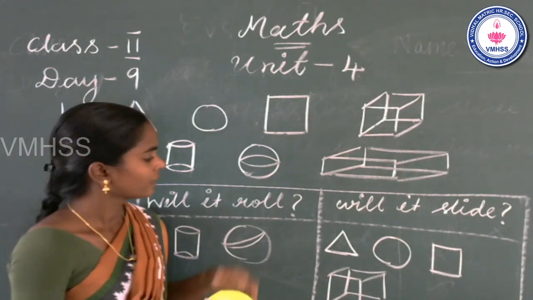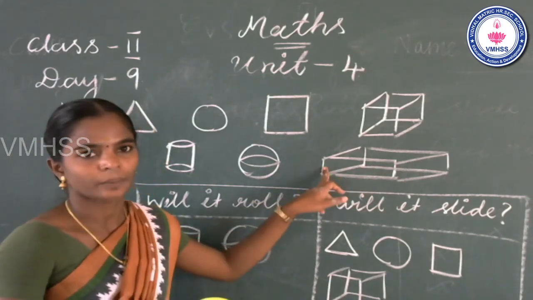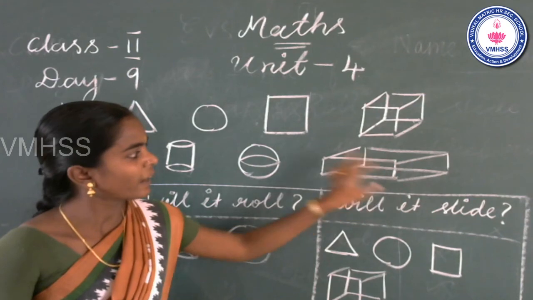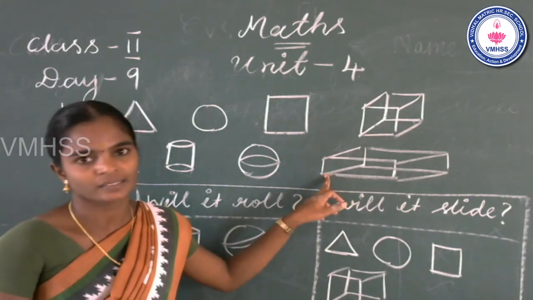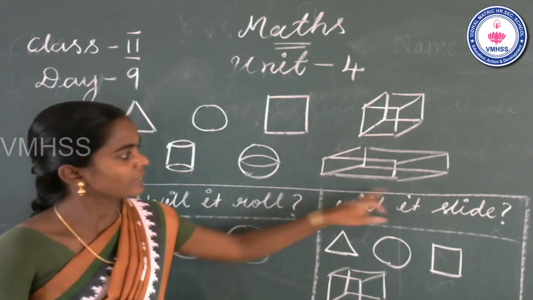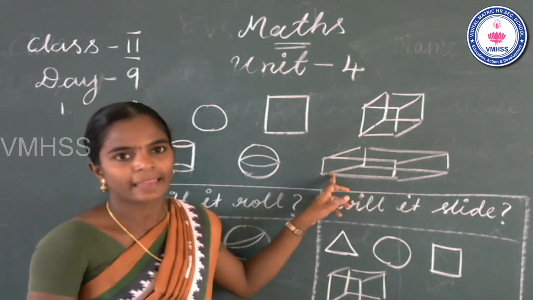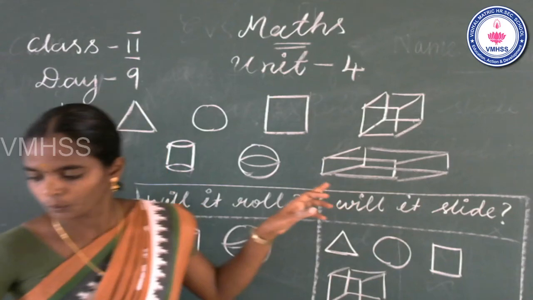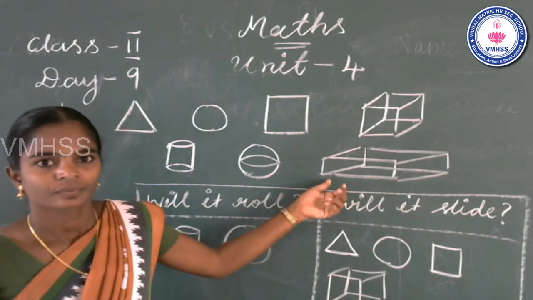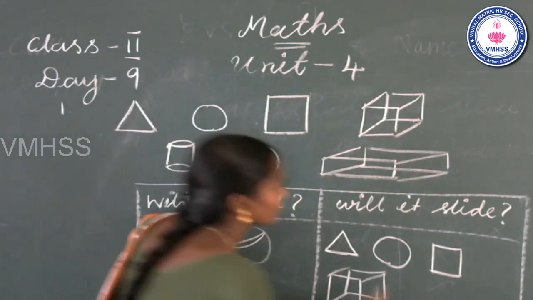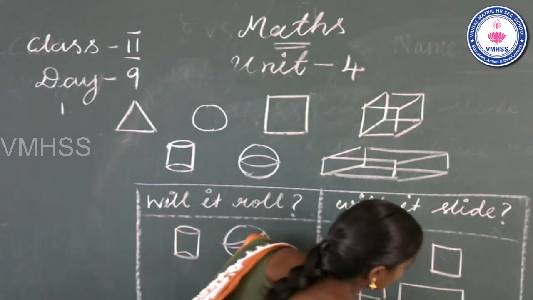Next one, cuboid shape. The cuboid has 6 flat faces. Objects having flat faces can slide. So the cuboid will slide.